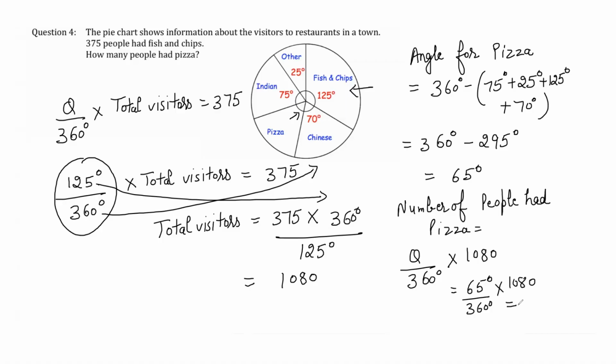When you solve it, you will get your answer equals to 195. So that is the number of people who had pizza in this pie chart.